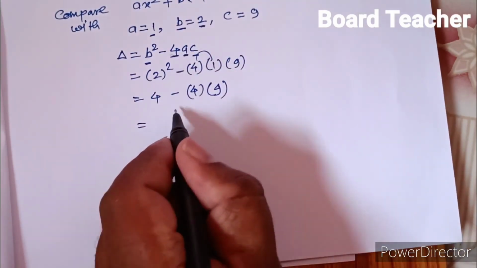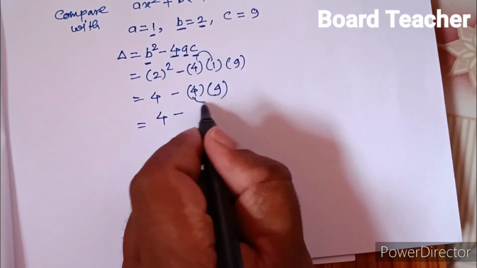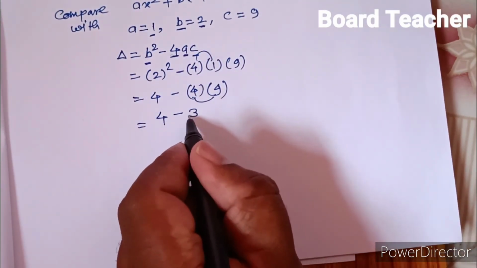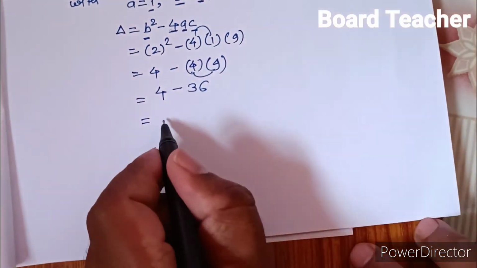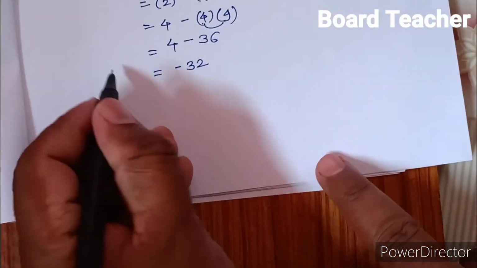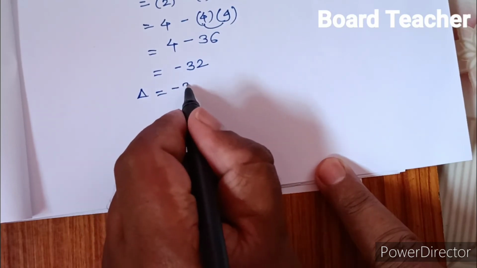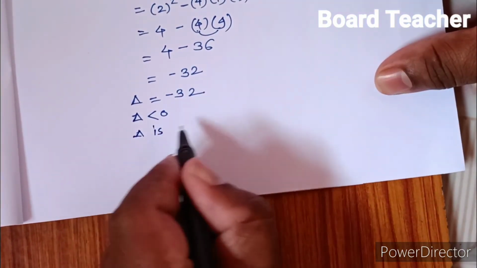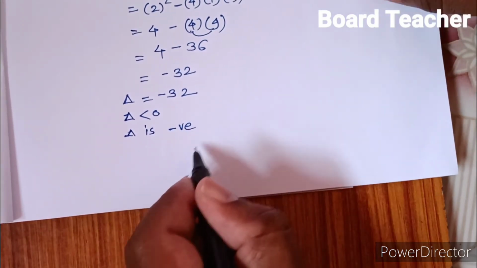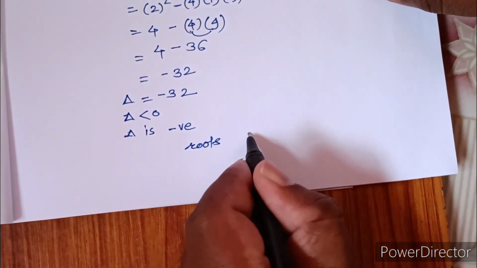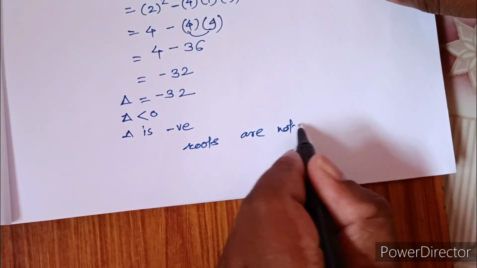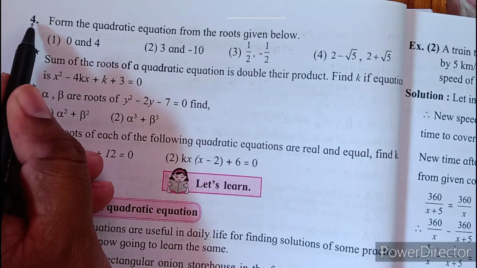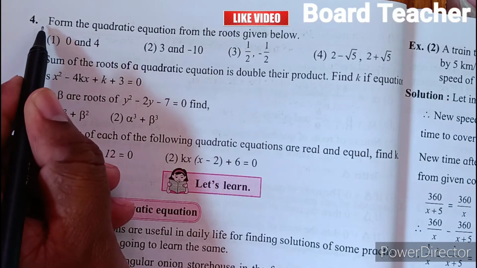Now 4 as it is, minus 4 into 9, that is 36, so 4 minus 36 is minus 32. We get the value of delta equals minus 32. Delta is less than 0, means delta is negative, therefore roots are not real.